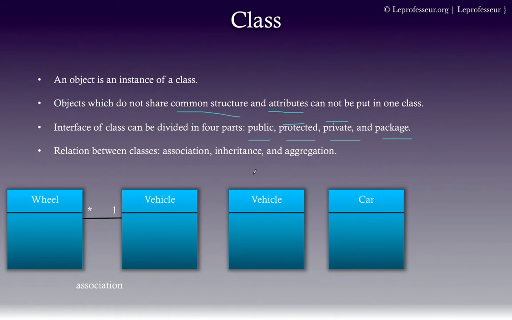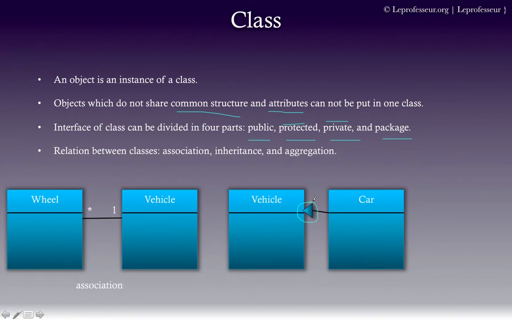So car is a kind of vehicle. Car inherits property of vehicle. And see the triangle sign, it's a UML notation again, and here in association we have a different representation. So car is inheriting property of vehicle.